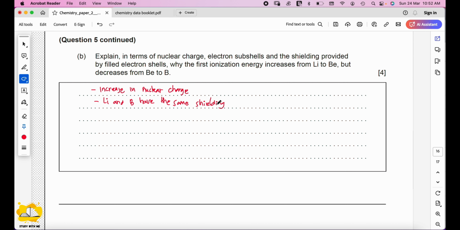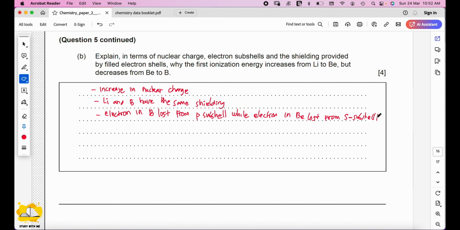Okay, so now from Be to B. So from Be to B, the electron in B is lost from the P subshell, while the electron in Be is lost from the S subshell.